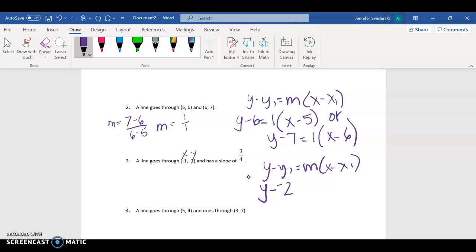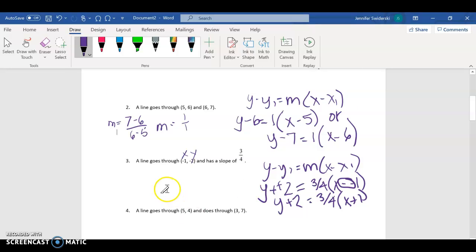We have a double negative there, equals my slope of 3/4 times x minus x1, again a double negative. A double negative becomes positive. We get y plus 2 equals 3/4 times x plus 1.